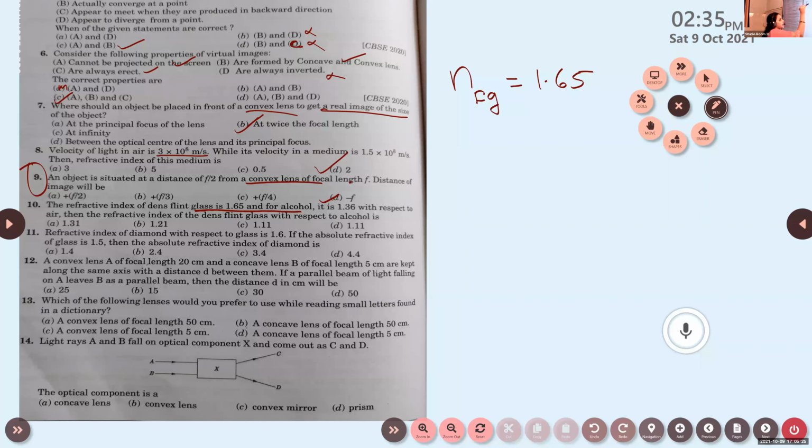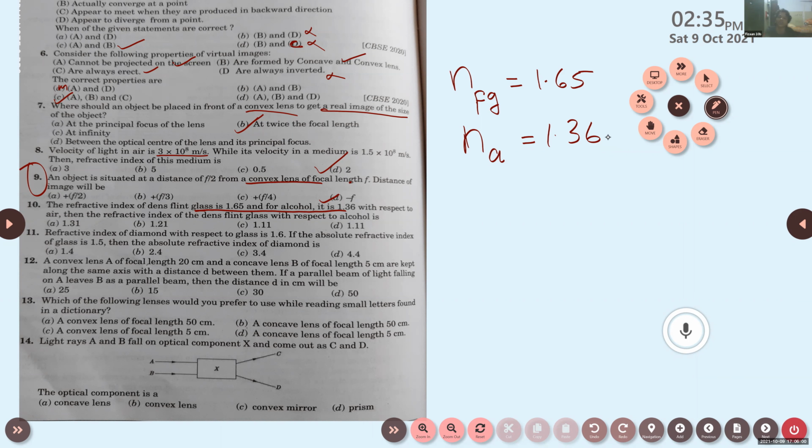So n_A, refractive index of alcohol, is equal to 1.36 with respect to air. Then what about the refractive index of dense flint glass with respect to alcohol? That is our question.